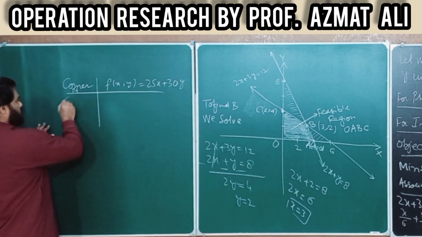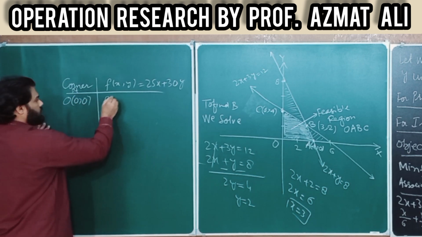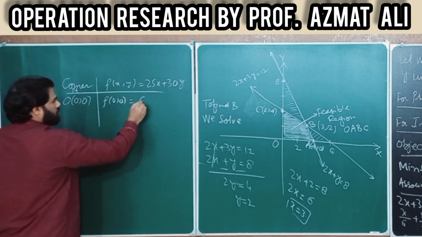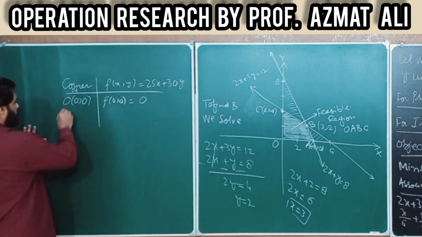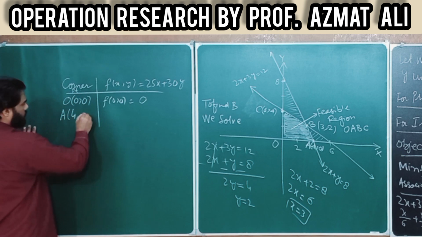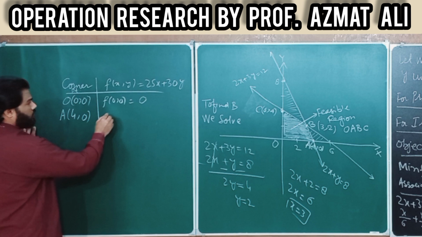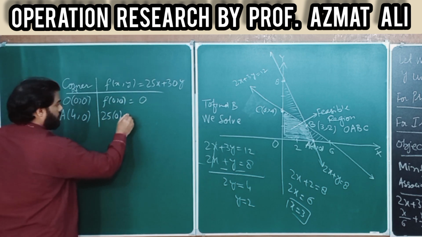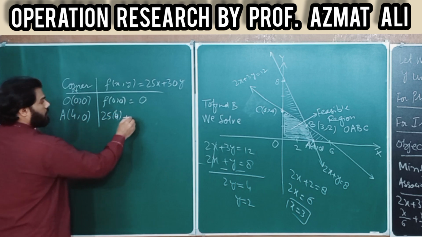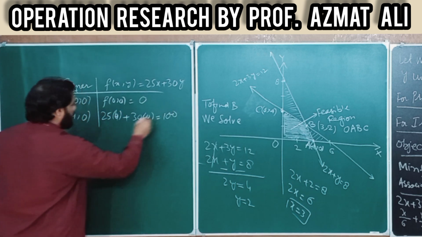First corner point is origin whose coordinates are 0, 0. At 0, 0, the value of the function is 0. Next corner point is A 4, 0, and at 4, 0 our function has the value 100.